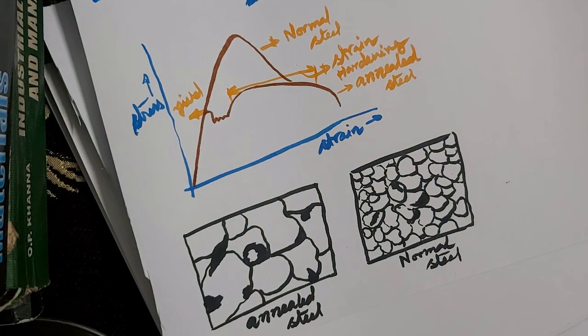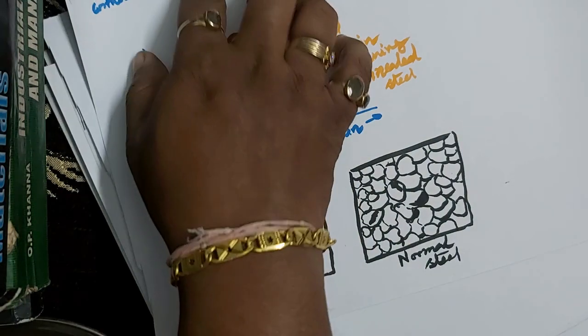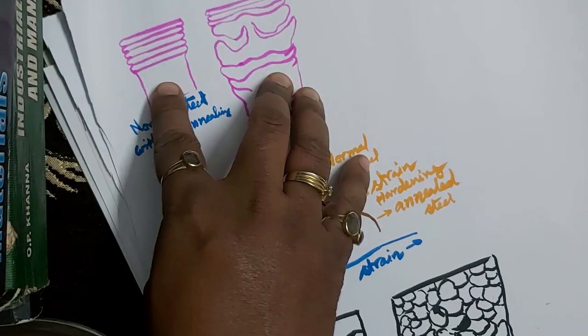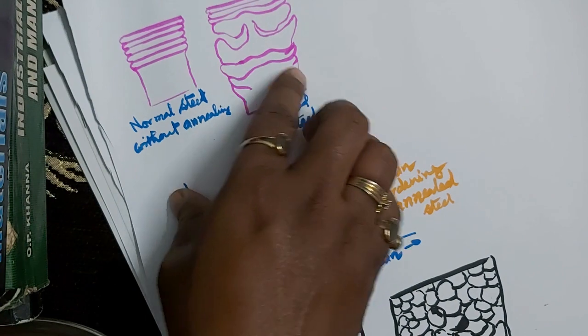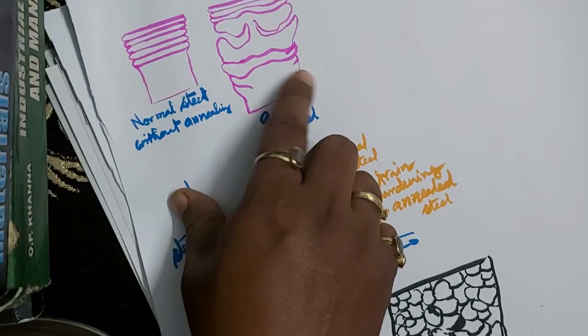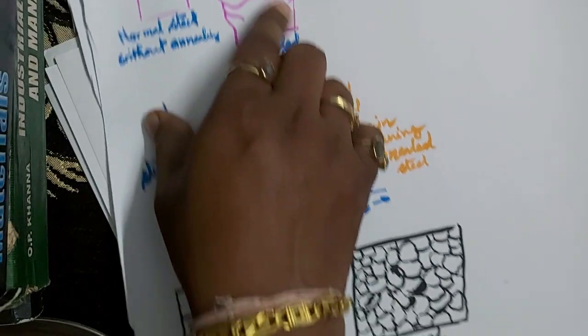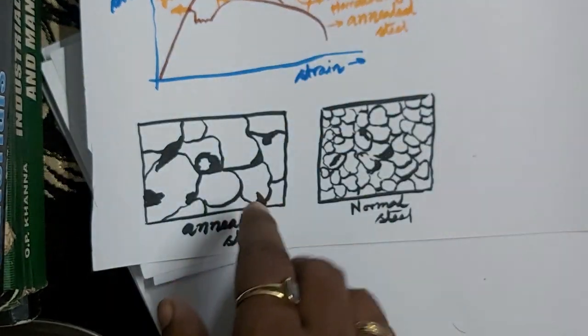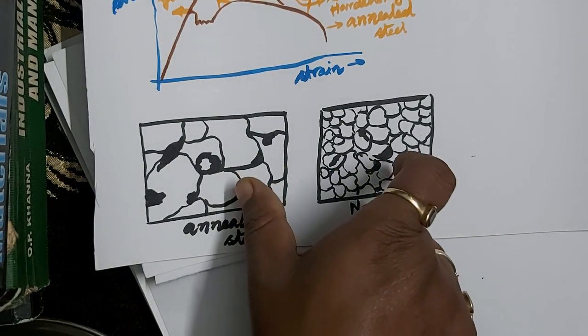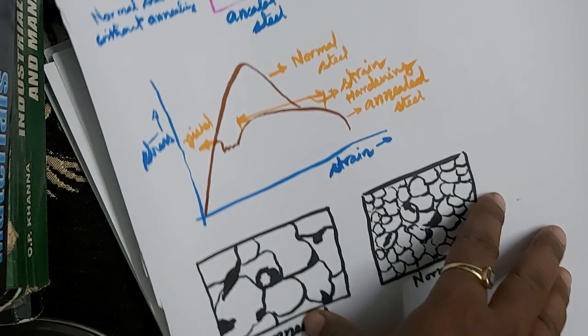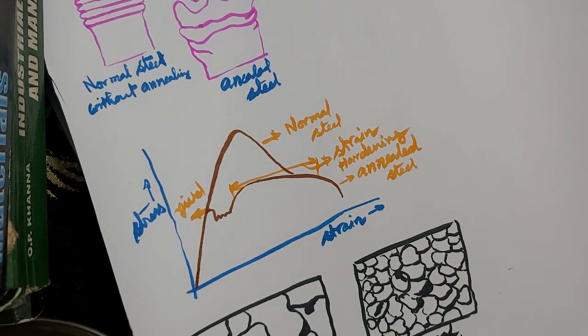So all these depend upon the structure of the material. Here also you can see the deformation in these two cases is totally different. So with these grain structures, all the properties have changed.